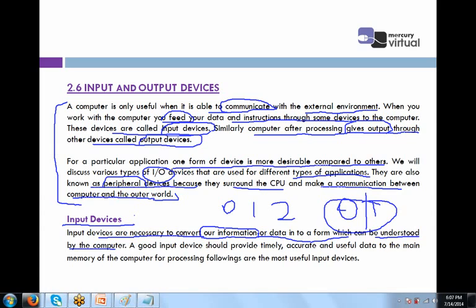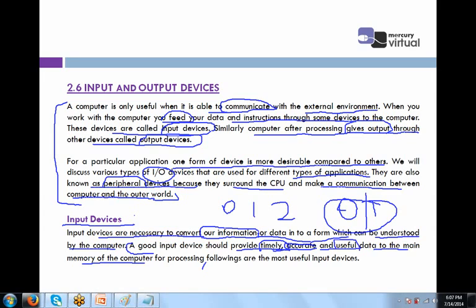A good input device should provide timely, accurate and useful data to the main memory of the computer for processing. Following are the most basic useful input devices. This line says a good input device should provide timely, means on a timely basis. Accurate means without any errors.